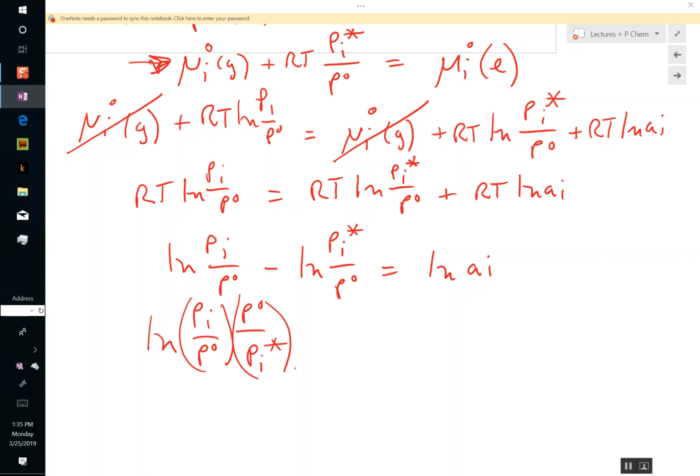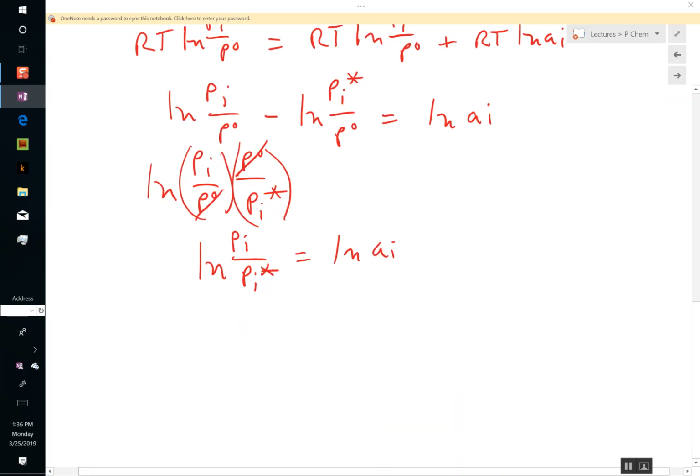This is going to cross out, and so then the natural log of pi over pi asterisk equals the ln of ai. And then if you just take the antilog of both sides of this equation, you get down to here.